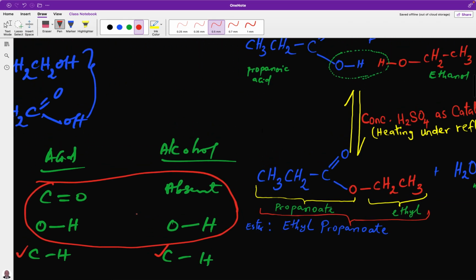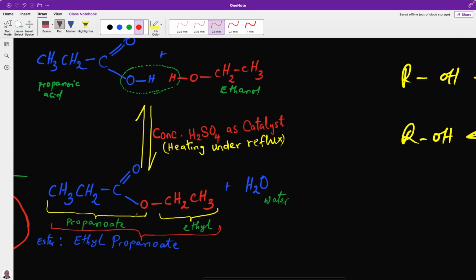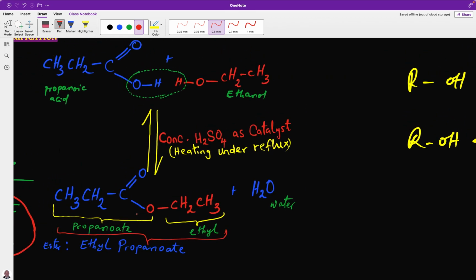In our previous video on esters, you will definitely find this: when propanoic acid reacts with ethanol, there is a condensation reaction, a molecule of water is removed, and an ester is formed.